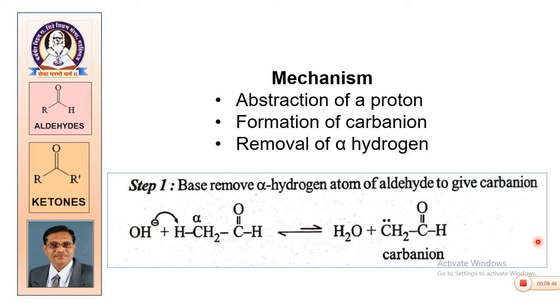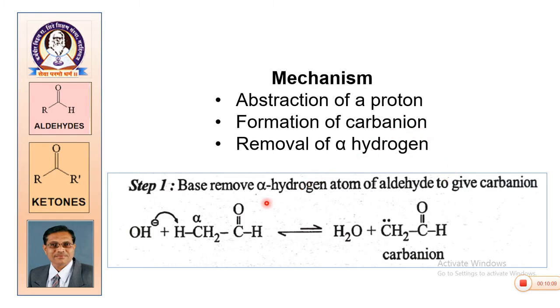The mild base abstracts a proton, which results in the formation of a carbanion, also called removal of alpha hydrogen. All three mean the same.